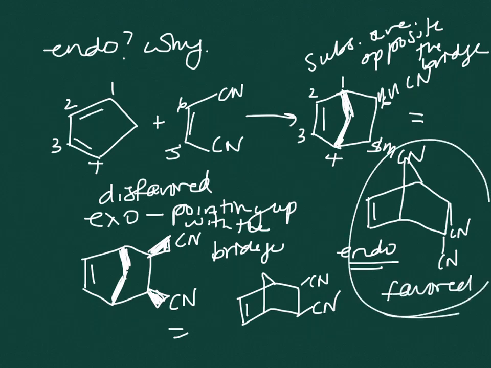Okay, so we're going to favor the endo. Okay, so if we look at cyclopentadiene, we know that the electrons are evenly distributed throughout these 4 carbons.